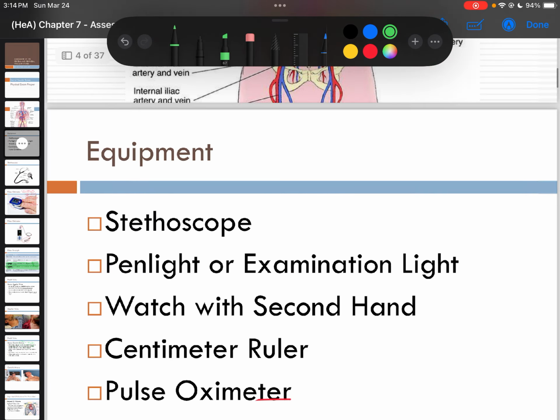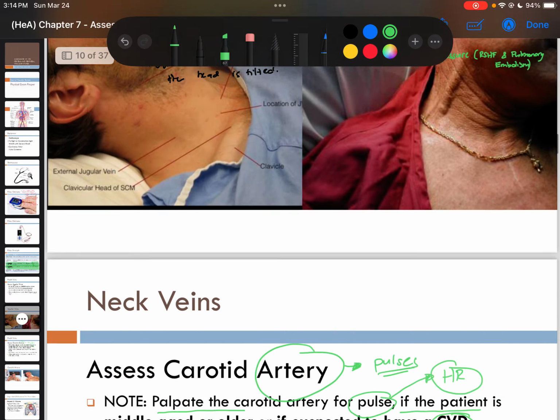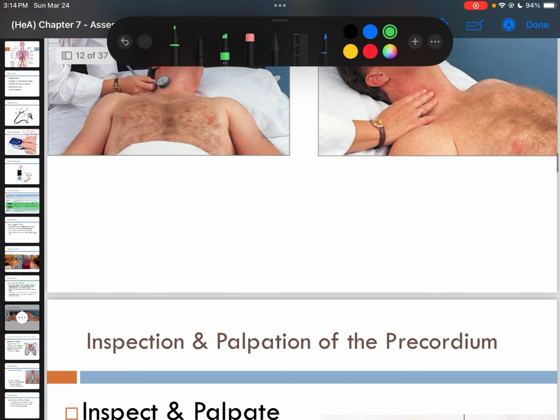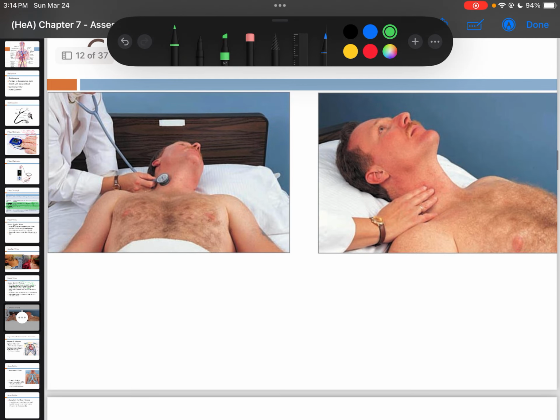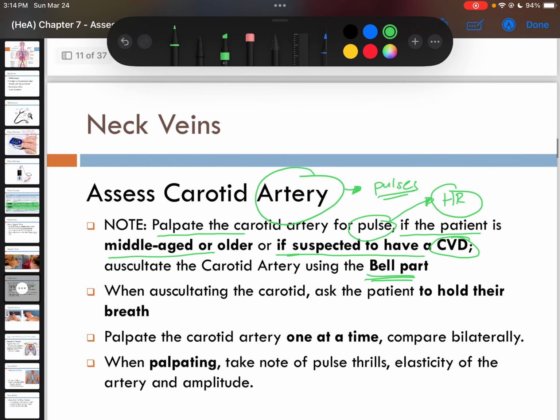And when you palpate the carotid, here's the thing you have to remember: you have to palpate the carotid artery one at a time. Meaning, you start with the left carotid and then after that, you follow it with the right.